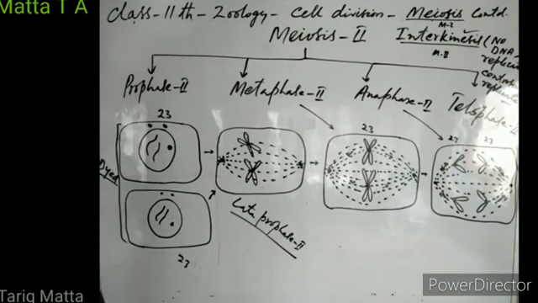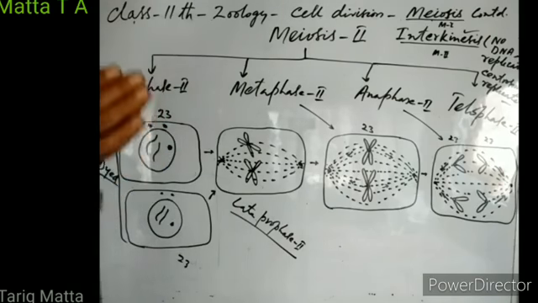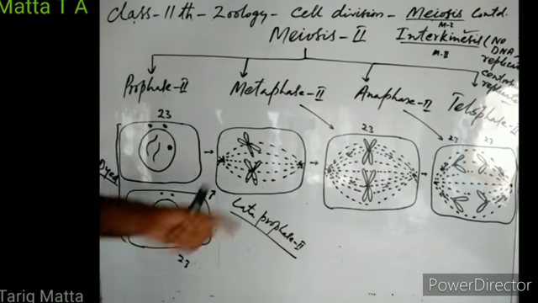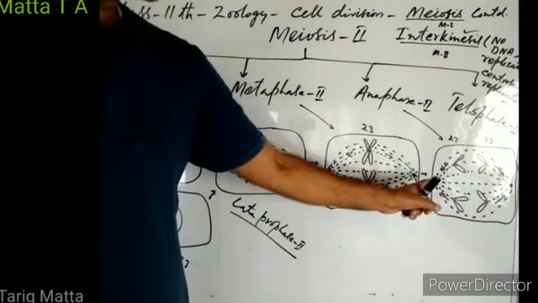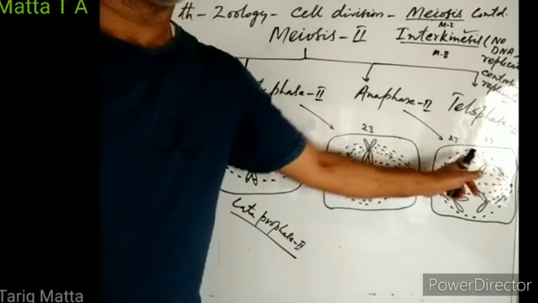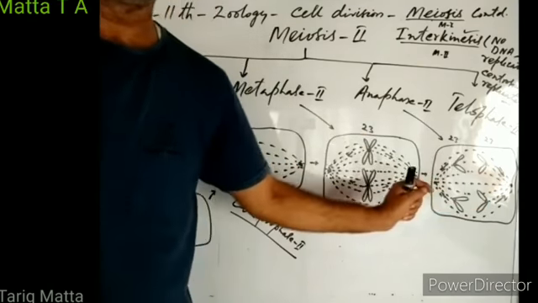So in anaphase second, the two sister chromatids of a chromosome get separated from each other. How do they separate? They are separated by the shortening of kinetochore spindle fibers at the two opposite poles of the cell.